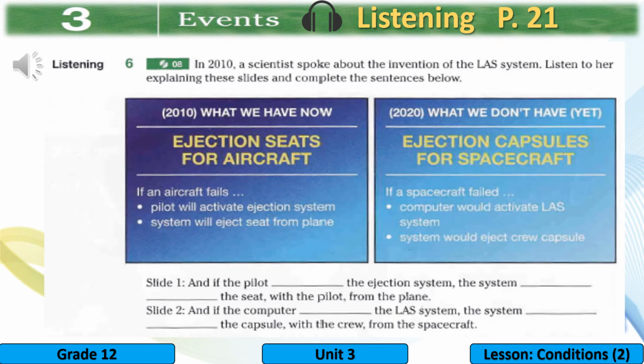If an aircraft fails in some way, the pilot will activate the ejection system, and if the pilot activates the ejection system, the system will immediately eject the ejection seat with the pilot from the plane. So let's turn to the second slide, which describes our dream for the future. We don't have ejection capsules yet for spacecraft, but one day, soon, with the LAS system, our new invention, we will.